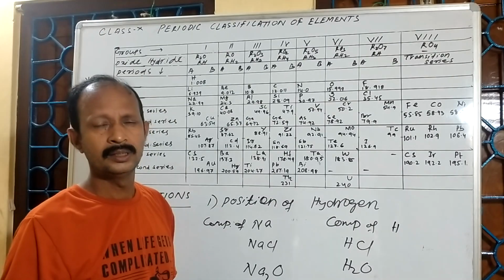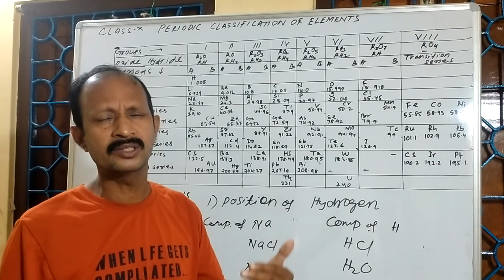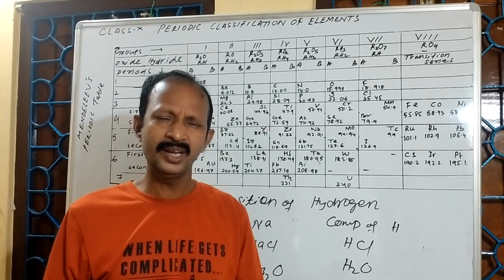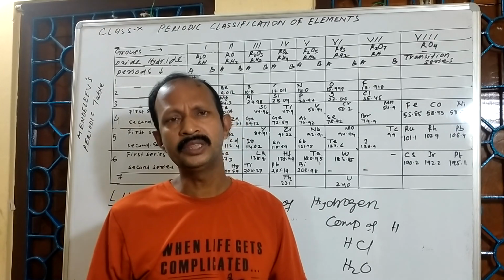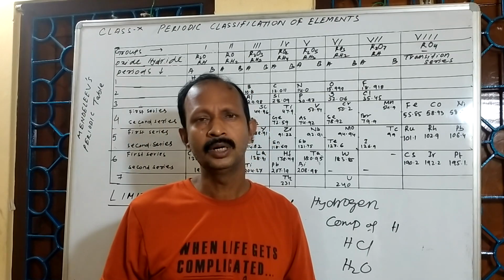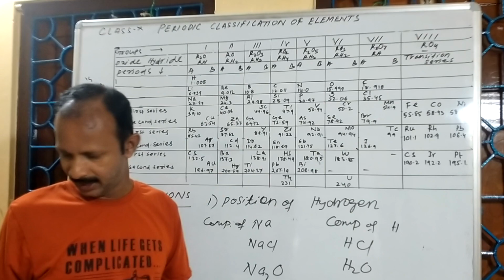That means combination with chlorine, or you can say with the halogens, combination with oxygen, and combination with sulfur are similar to the alkali metals. I can say that some of the properties of hydrogen are similar to the alkali metals.